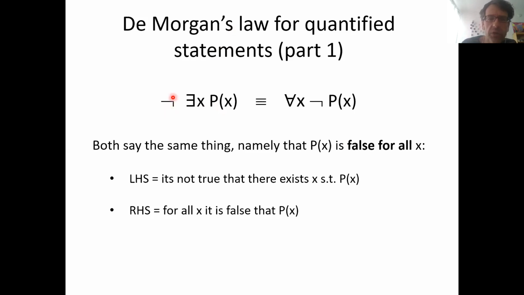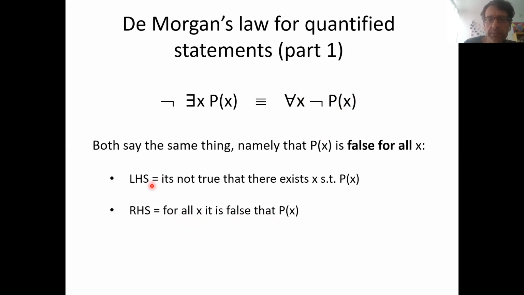If I say that it's not true that there exists an X which satisfies predicate P, that is the same as to say that for all X's in that domain, the predicate on X fails. Both of these say the same thing, namely that the predicate is false for all X. The right-hand side says, for all X, it is the case that P of X is false.